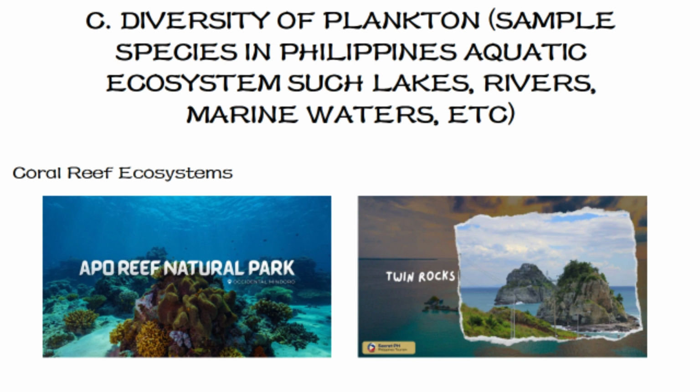It hosts a wide variety of planktonic life, supporting the diverse marine biodiversity of the area. The Twin Rocks, on the other hand, this marine sanctuary in Batangas province is renowned for its rich coral reef and abundant planktonic diversity, attracting divers and researchers alike.